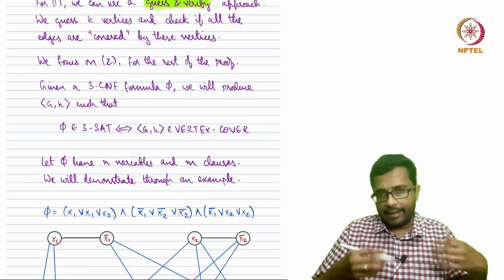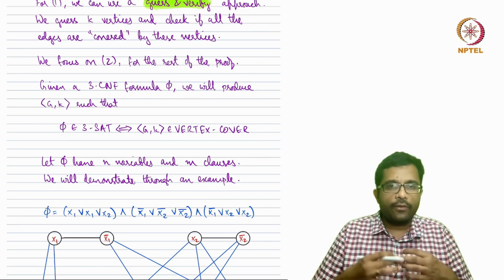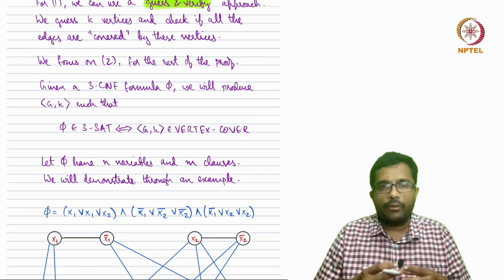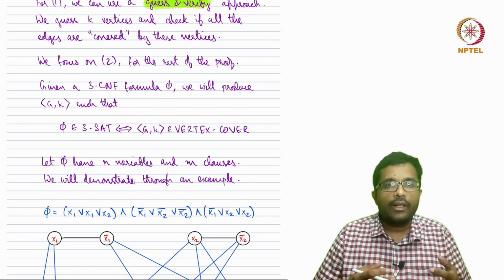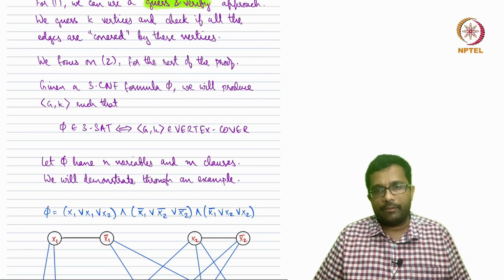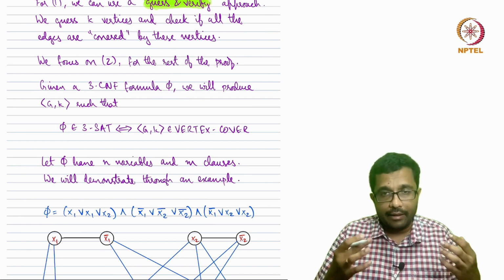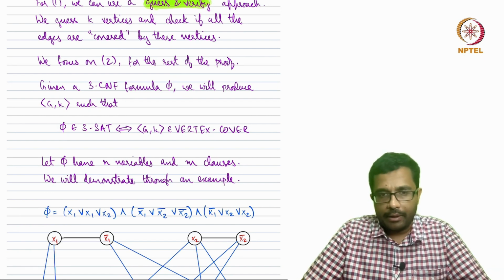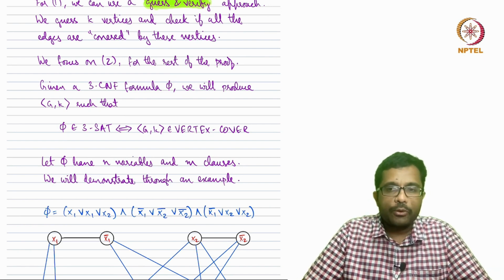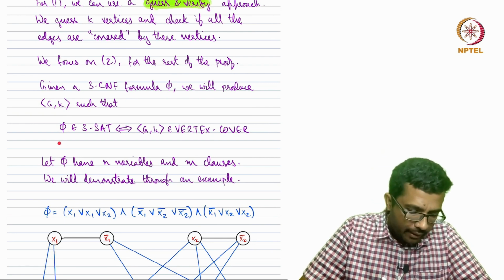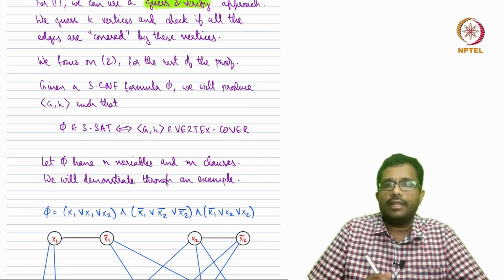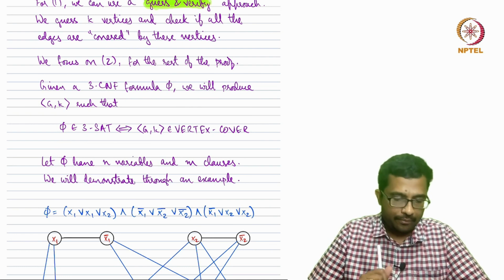And the second thing is that the process of coming up with G, K should be done in polynomial time. In other words, the reduction should be completed in polynomial time. So given phi, you should be able to spend polynomial time and come up with G, K such that phi is satisfiable if and only if G has a K-sized vertex cover.